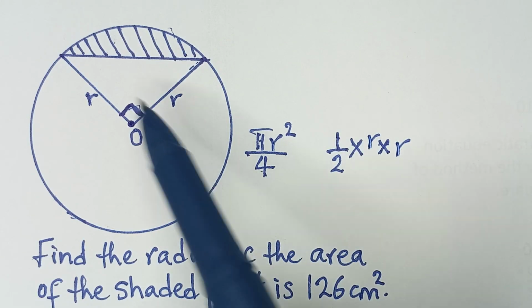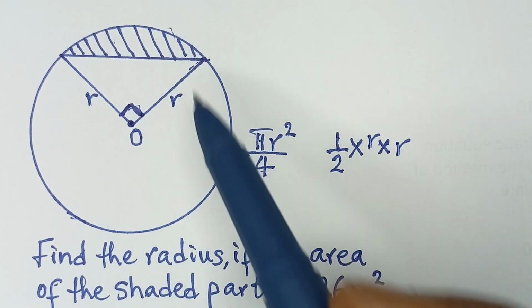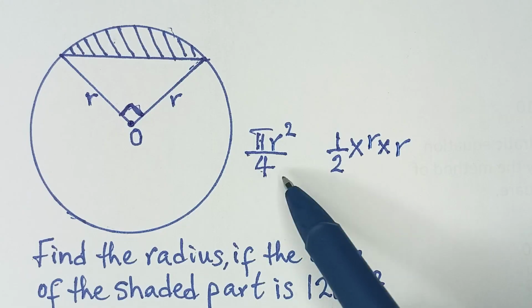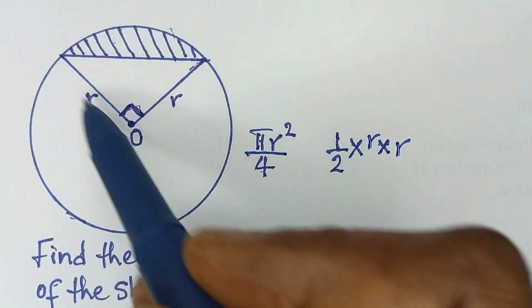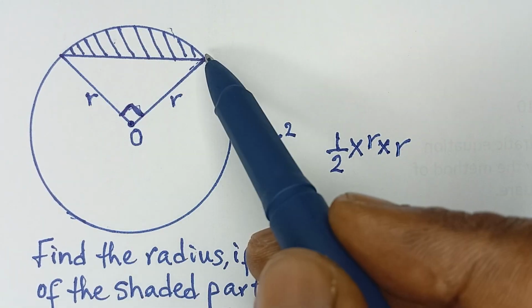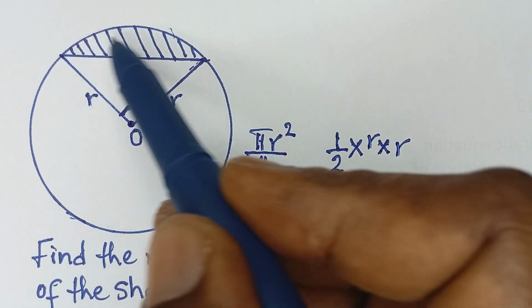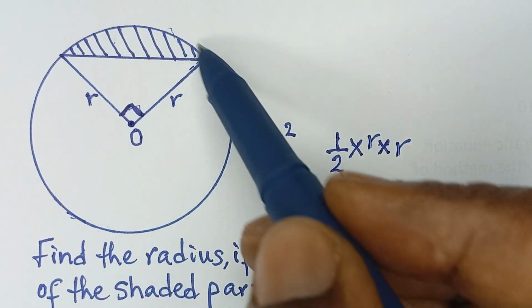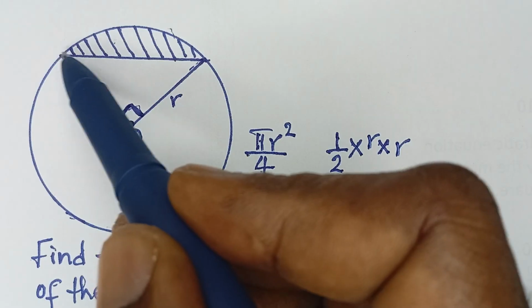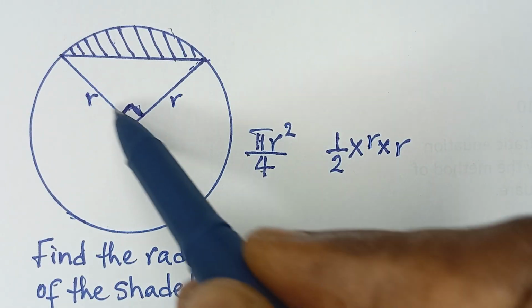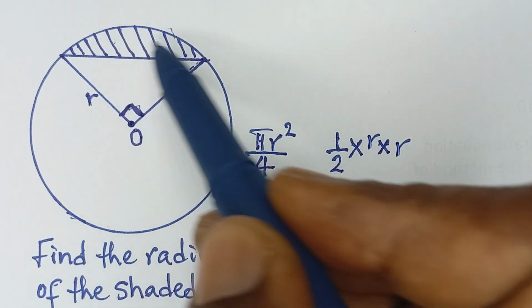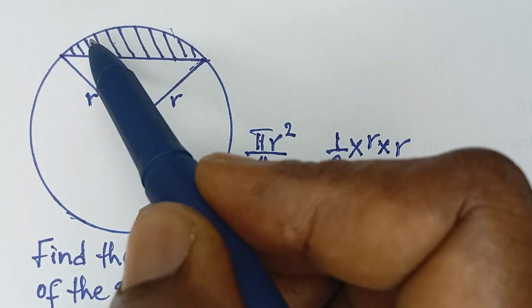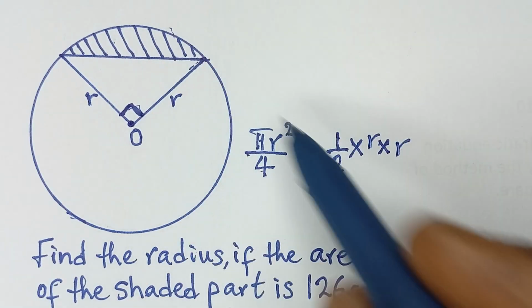So you agree that the area of this shaded portion becomes the area of the full sector minus the area of this triangle, and that will give you the area of this shaded part. So the area of the full sector minus the area of this triangle should give us the shaded part of the figure.